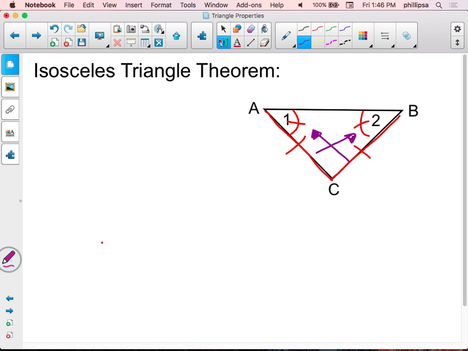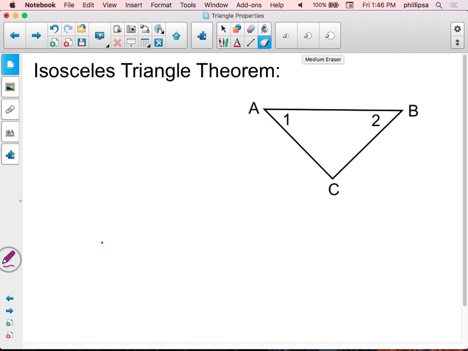So the side AC, let me clear it out to make it easier for you guys to see. The side AC has two angles that touch it. What two angles touch AC? Harrison? 1 and 3. 1 and 3, right? What angle doesn't touch AC? 2 is opposite that side.